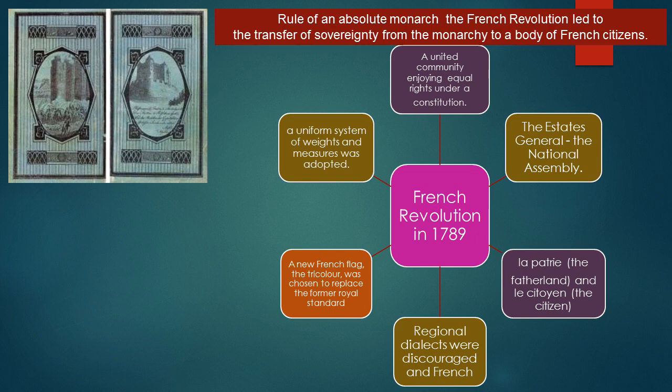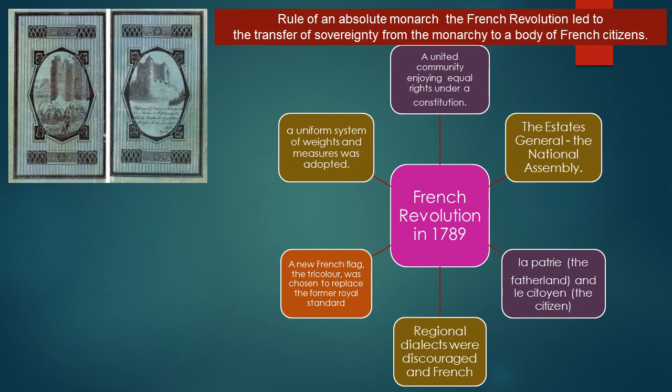Against the rule of the absolute monarch, the French Revolution led to the transfer of sovereignty from the monarch to a body of French citizens. You can see a picture here marking two forts. One is the French Bastille. The other one is the German province of Kassel fort.